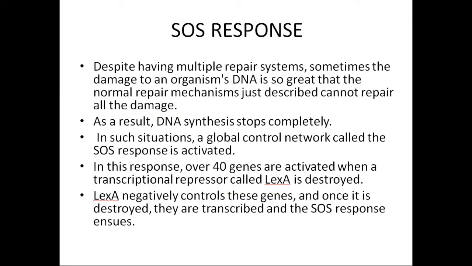So let's talk about the SOS response. Despite having multiple repair systems, sometimes the damage to an organism's DNA is so great that the normal repair mechanisms cannot repair all the damage. As a result, DNA synthesis stops completely.